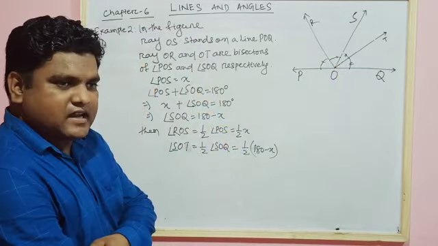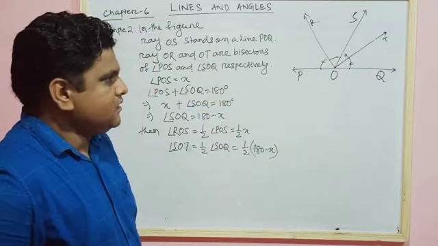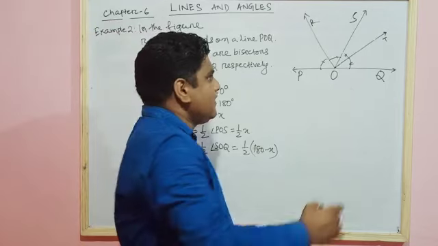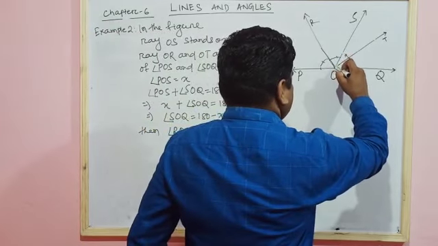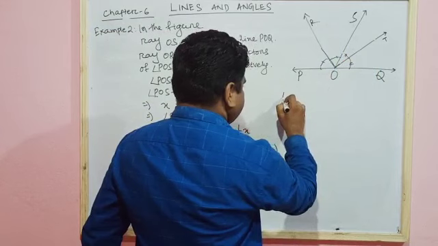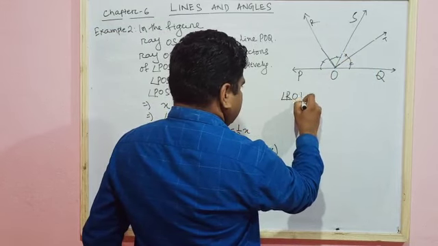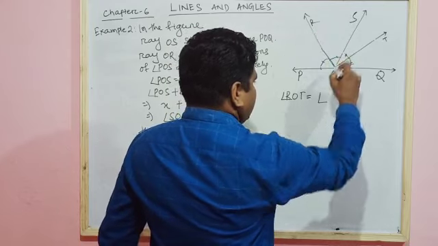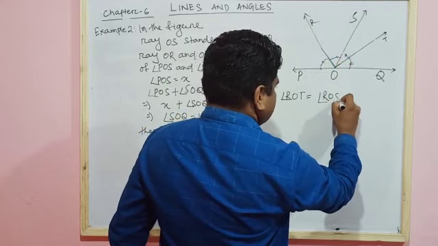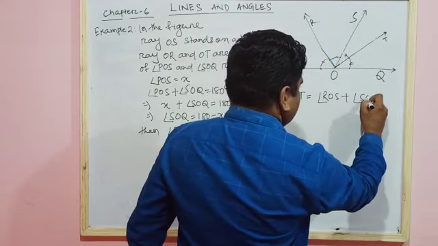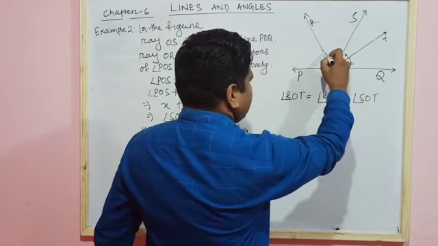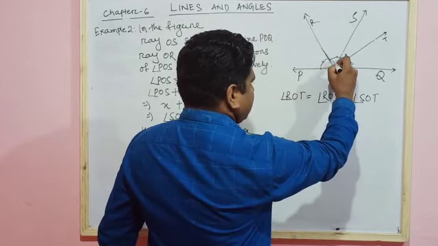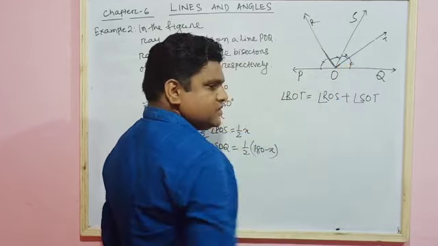So we know, according to the concept of adjacent angles, that the measure of angle ROT, this one, equals angle ROS plus angle SOT from this figure. The measure of this one equals the sum of these two.